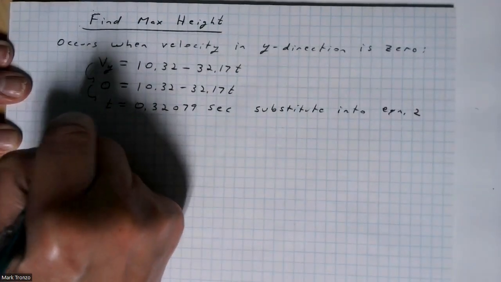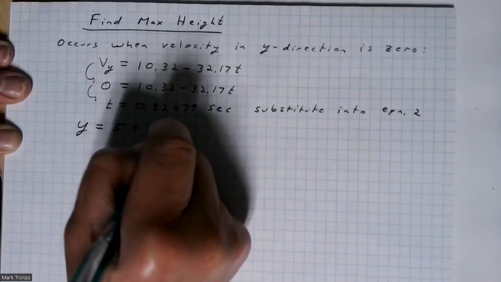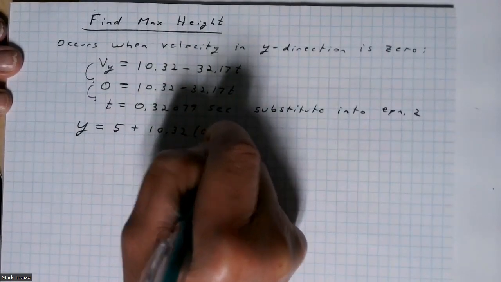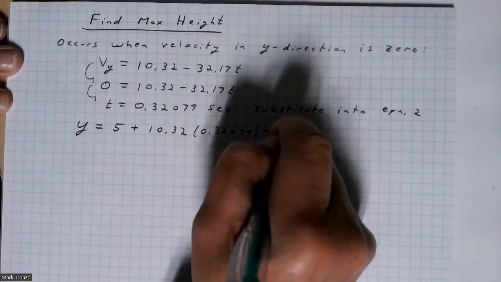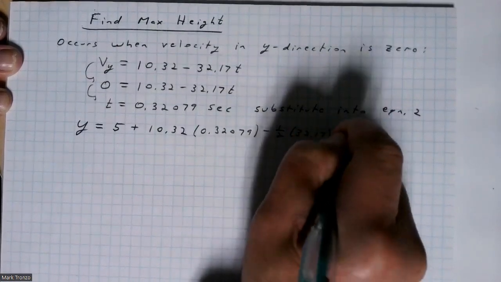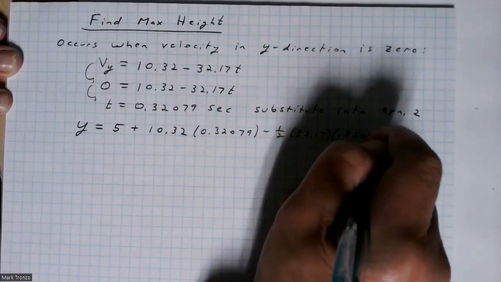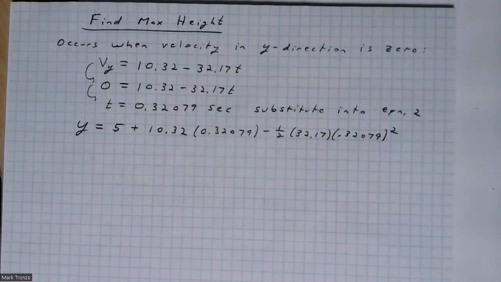And so we're going to have y equal 5 plus 10.32 times t minus 1/2 times 32.17 t squared, like that.